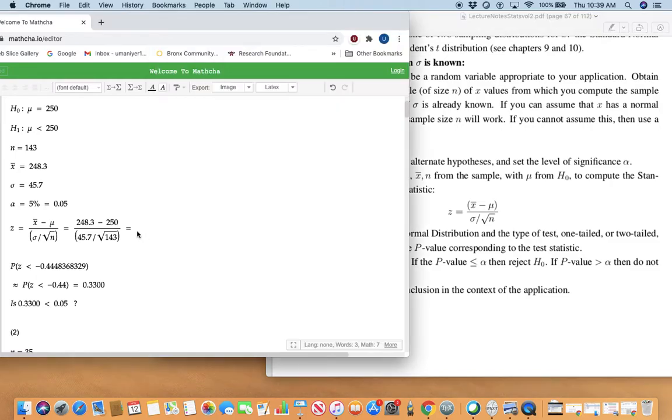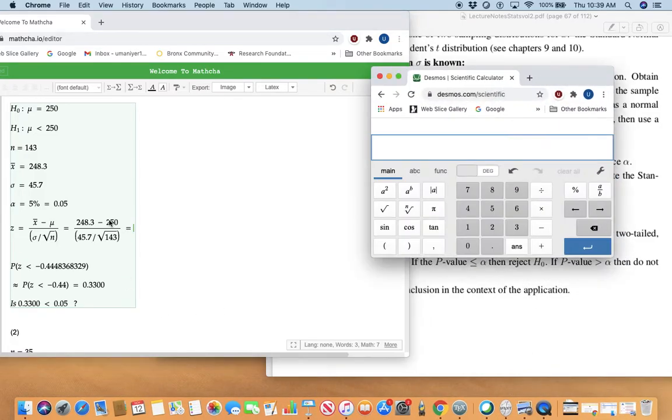So let's find the test statistic. For this, I will need our calculator. So carefully put this in. Notice there is a numerator and a denominator. So I'll place empty parentheses for the numerator and empty parentheses for the denominator. Go inside and start filling. Downstairs is 45.7 divided by square root 143.